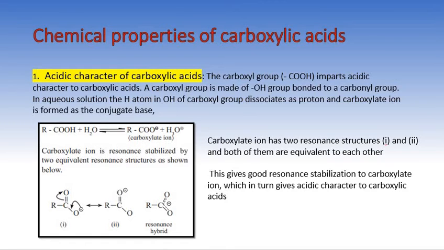So the carboxylate ion is formed as a conjugate base, and due to this carboxylic acids are acidic. Carboxylate ion has two resonating structures, this is 1 and this is 2, and this gives good resonance stabilization to the carboxylate ion, and in turn gives acidic character to carboxylic acid. This is the resonance hybrid of the carboxylate ion.